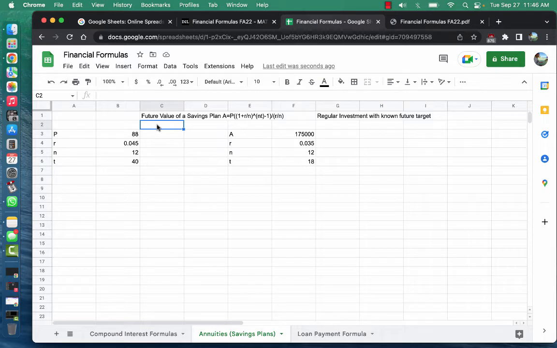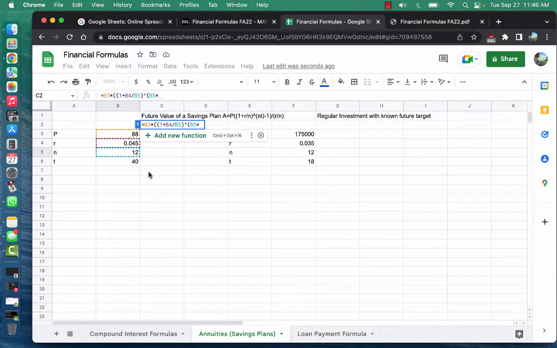So I'm going to do equal. All right, and the first part of the formula is P, so I click on cell P. And remember, for multiplication next to a parenthesis, I've got to do times with an asterisk, then a double left parenthesis. Then I'm doing 1 plus the rate, which is this cell, divided by N, which is this cell, right parenthesis, to the left parenthesis, N times T. Notice I'm clicking on the cells that have the numbers in them, not the letters.